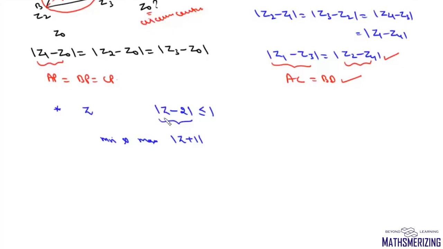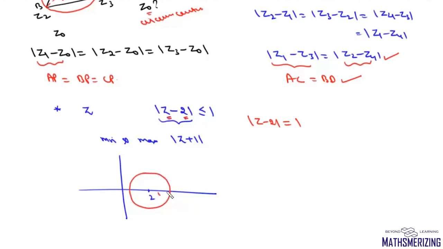Here we are talking about the distance between Z and this point 2. So on this Argand plane, we'll mark this point 2. Now if we take the equality sign, then we can write mod of Z minus 2 equals 1. That is, the distance of Z from 2 is constant and it is 1. That means this Z will lie on a circle whose center is at 2 and whose radius is 1 unit. And when I say it is less than or equal to 1, that means we are talking about all the points on or inside this circle.